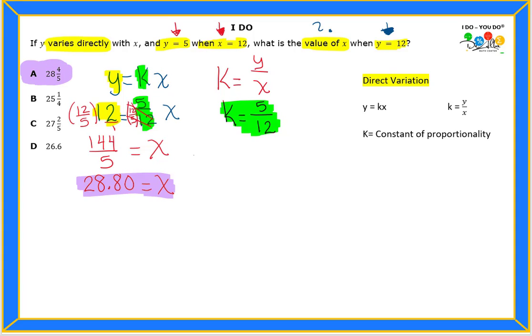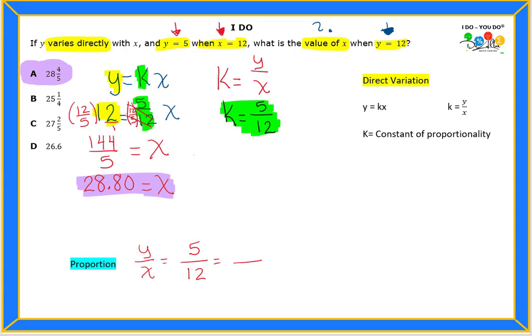Now, real quick, if you don't feel comfortable doing it with direct variation, you can always do it as a proportion. In a proportion, all you have to do is compare the y over the x and set it up as a proportion. What's given to me is that y is 5, x is 12.